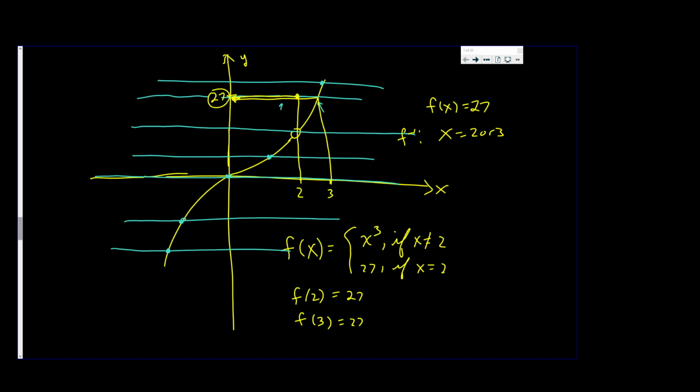In other words, f inverse of 27 will equal 2 and 3. But that's not a function. I don't care if we call it inverse or not. If f inverse of 27 gives me back two answers, it's not a function.